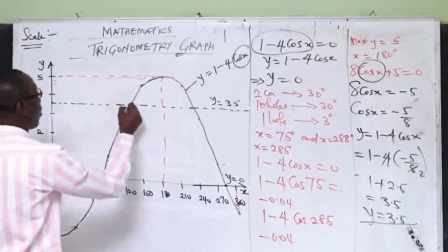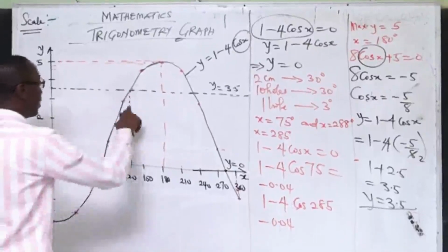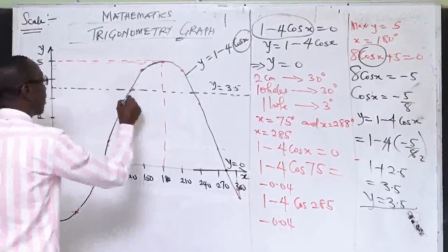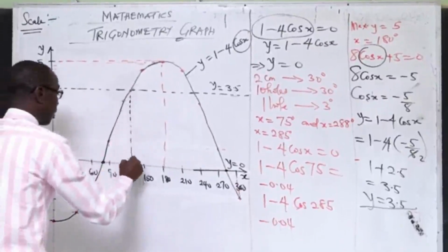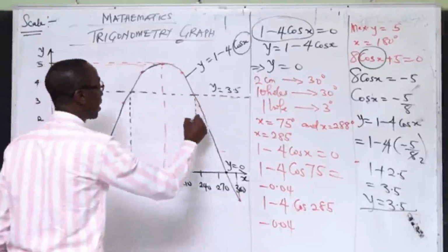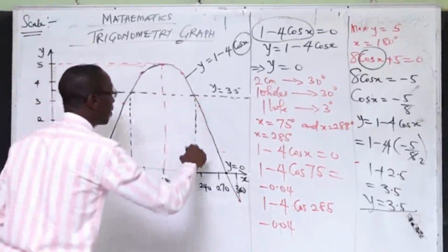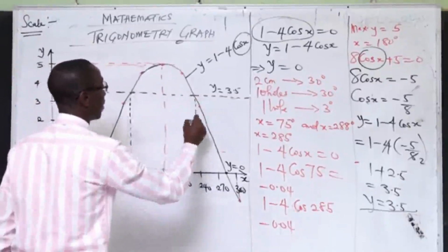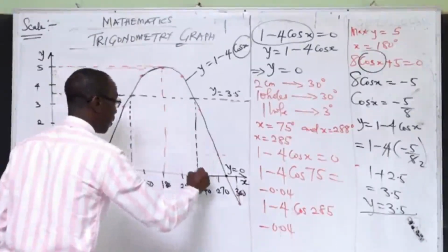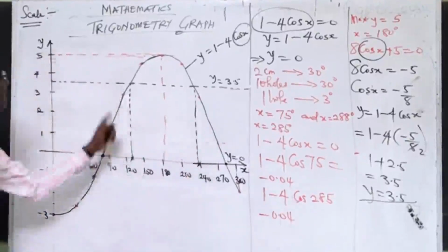Wherever it meets with the curve, trace it back to the x-axis. That's one. Wherever it meets with the curve, trace it back to the x-axis. Yes, that's 2. And read these values out for me.